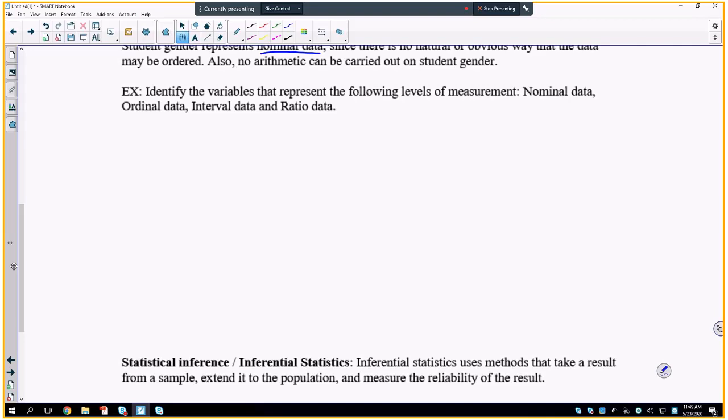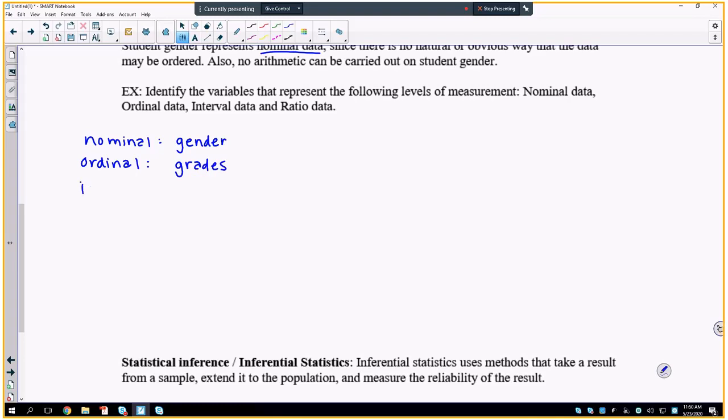Example, identify the variables that represent the following levels of measurement. We said that nominal data might be something like gender or some other category where there's no clear ordering. Ordinal data might be something like grades where there is a clear ordering, but you still can't do arithmetic.